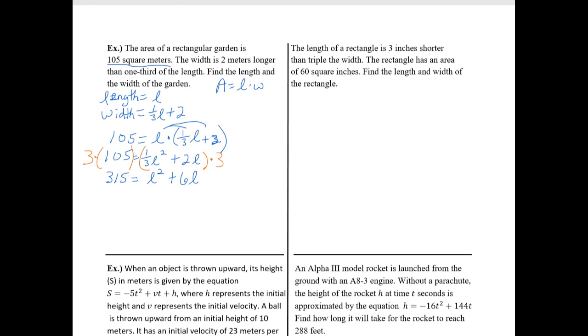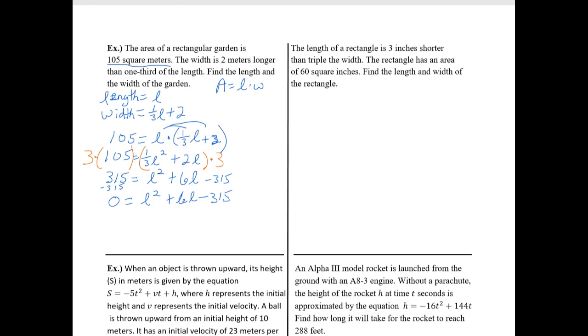Alright, now I have L squared and 6L on one side. I want to get all of this on the right-hand side to keep that L squared positive. So I would subtract 315 from both sides to have 0 equals L squared plus 6L minus 315.